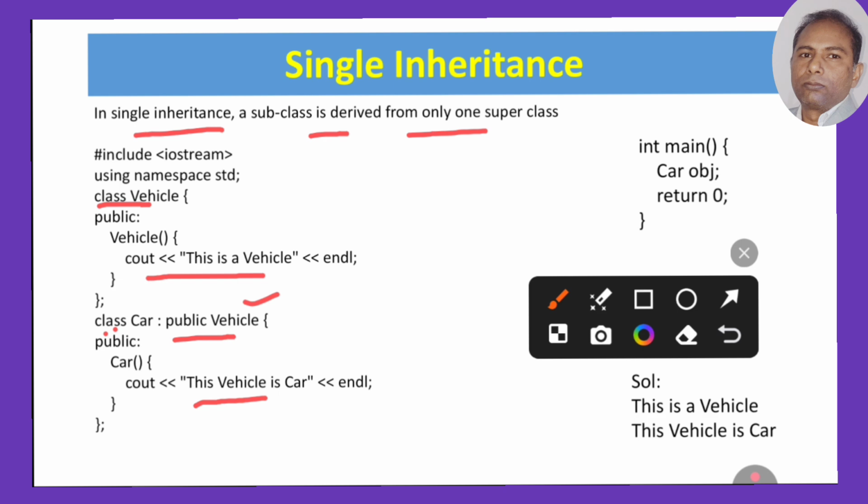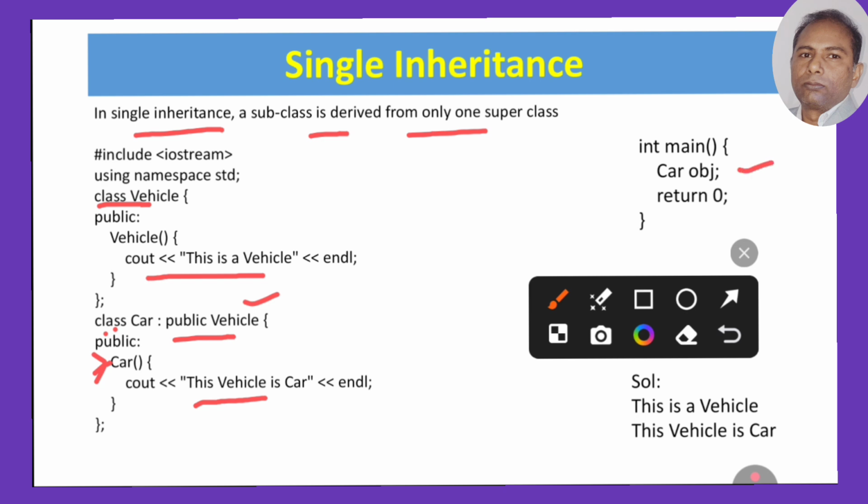We will have the output here: this vehicle is car. So this is the example of inheritance here. That is the constructor we have discussed in the first question. So here we are writing the main function, that is, we have made one object for the car class.